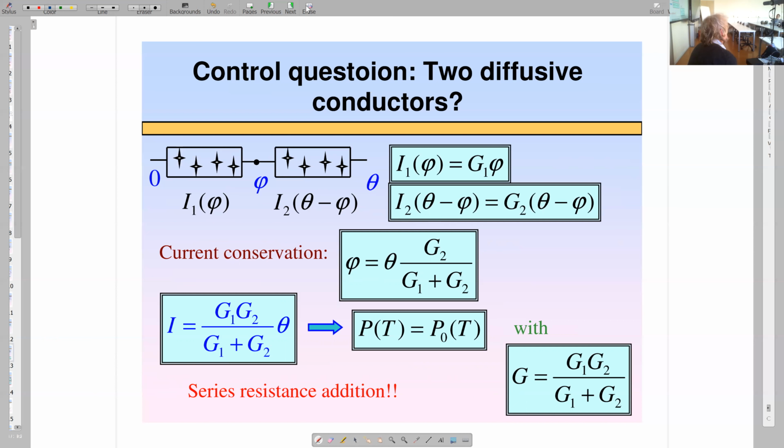And we know that linearity with respect to phi is a signature of diffusive connector. So if we combine diffusive connectors, we always end up with a diffusive connector. What is the connectance of this connector? Oh, don't worry. It just satisfies Ohm's law.